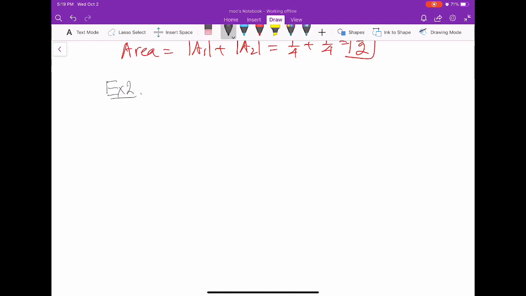So we have y equal to x squared plus 5. The second function is y equal to negative x squared plus 2x plus 9. All right? So you see, we have two parabolas, right?